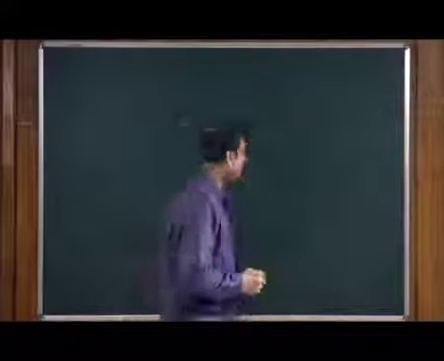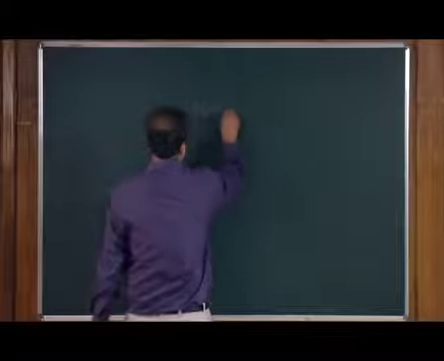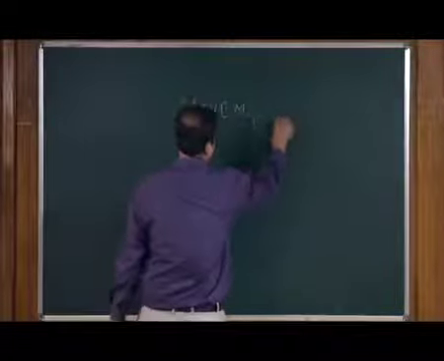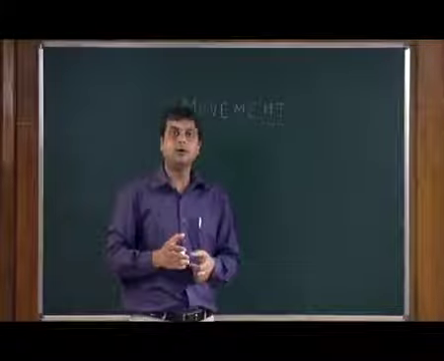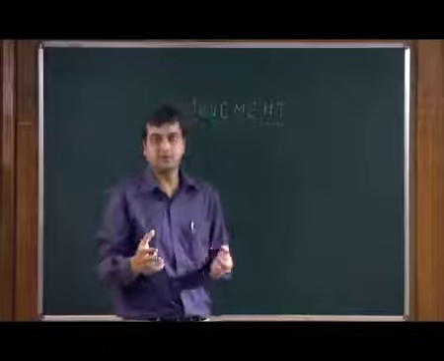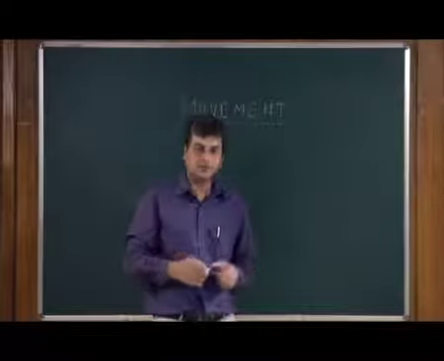Now, if we see movement as such, this movement is a very specific terminology which is used for any kind of movement. We are moving our hand, that is also a movement. We are moving our jaws, that is also a movement.